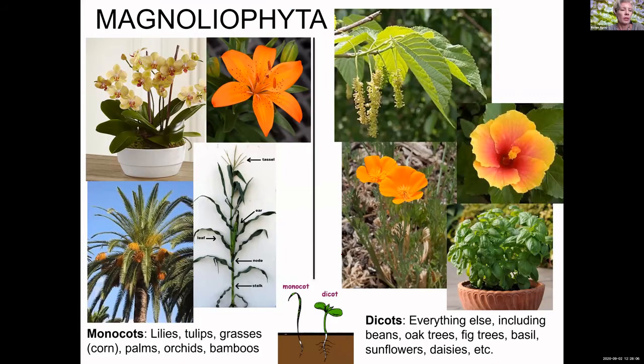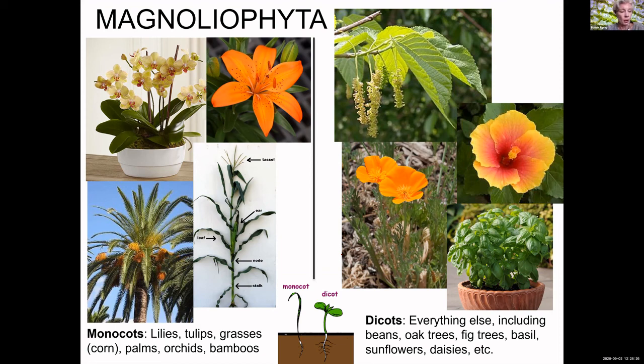All right, the Magnoliophyta, the flowering plants. The vast majority of plants that are in the Archaeplastids, over 250,000 plants, are the flowering plants. And within the flowering plants, the vast majority are the dicots. So we did a quick introduction to monocots versus dicots previously.